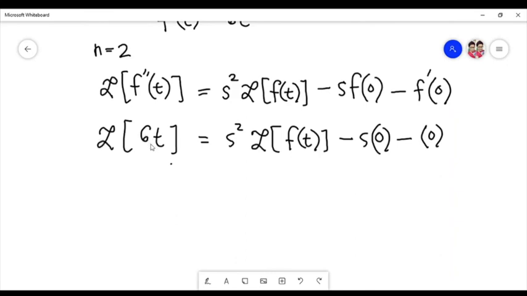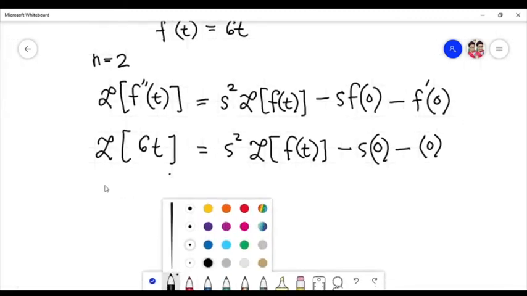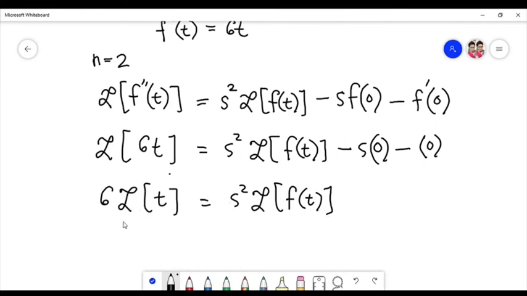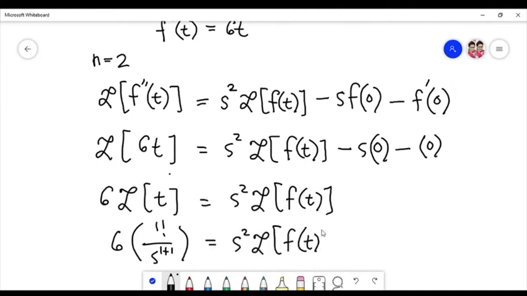So the Laplace transform of 6t is 6 times the Laplace transform of t, which is 1 factorial over s raised to 1 plus 1, is equal to s squared Laplace transform of f of t.